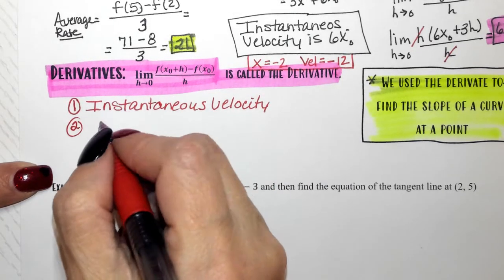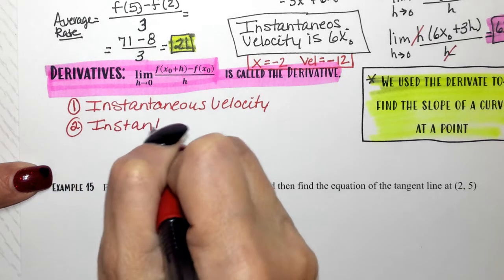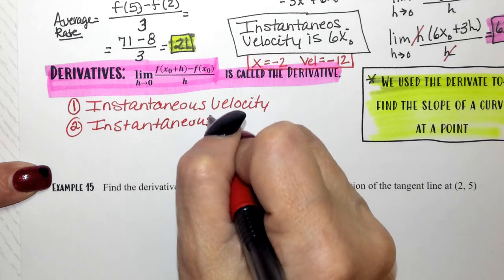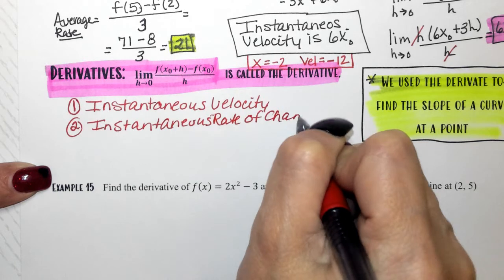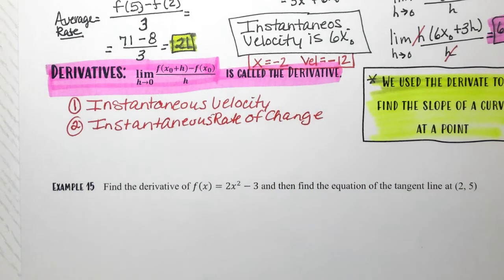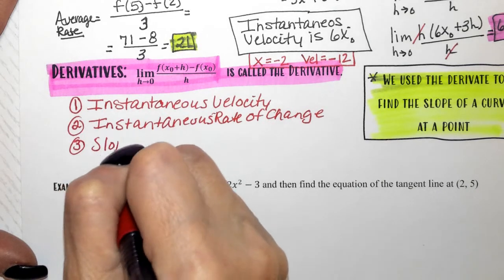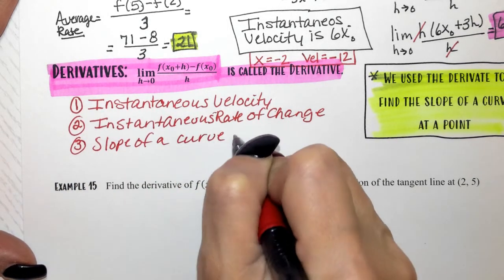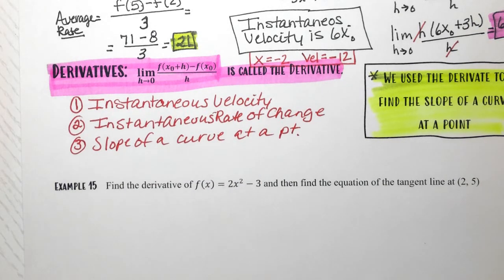When I said find the instantaneous rate of change, oh, that's the derivative. When I said find the slope of a curve at a point, oh, that's the derivative.